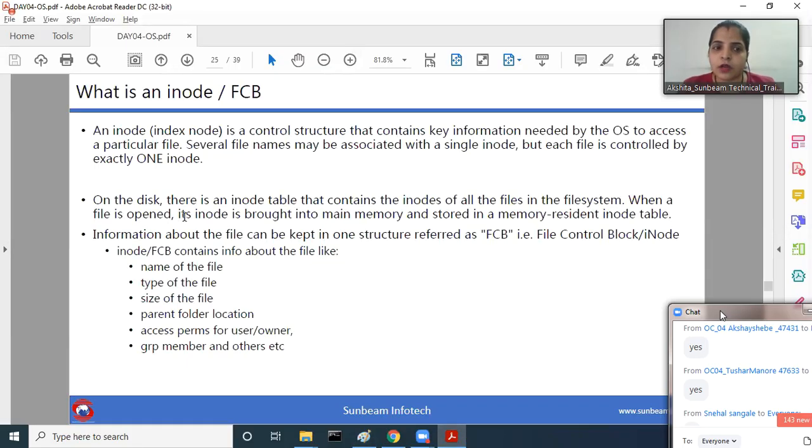And that is called as inode is brought into the memory whenever the file is opened, and it contains the complete information about the addresses only, right?